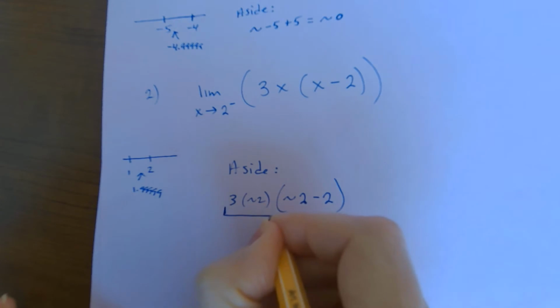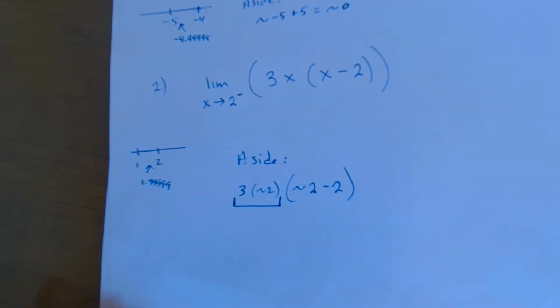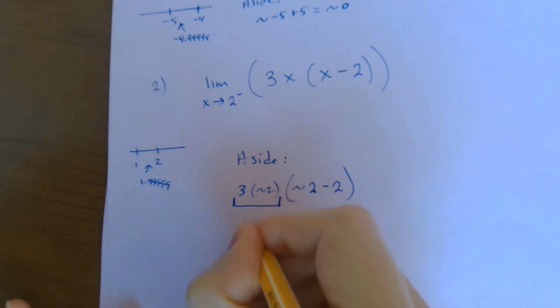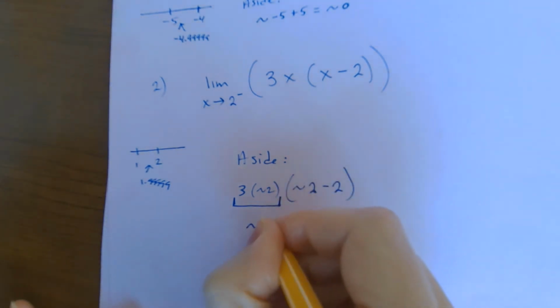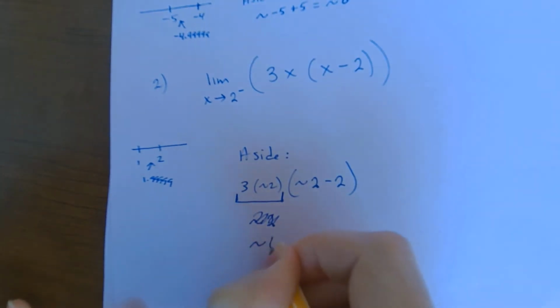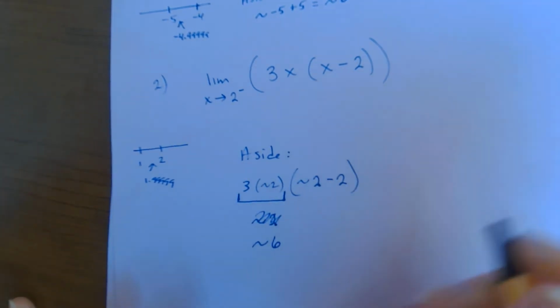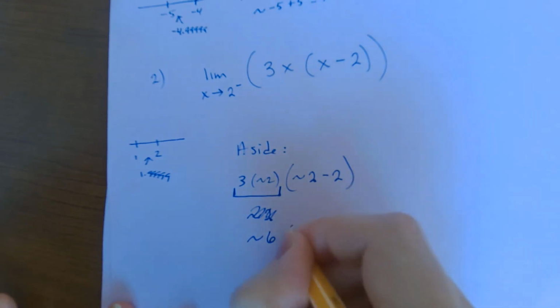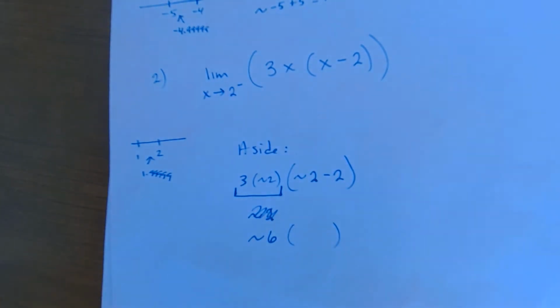Guys, 3 times about 2 is about 6. So 3 times 2 is 6. By saying about, I mean approximately. That's approximately 6. This will take some getting used to, guys. Just be patient with yourself. So this turns into about 6.